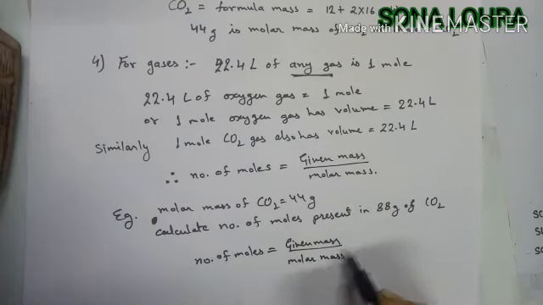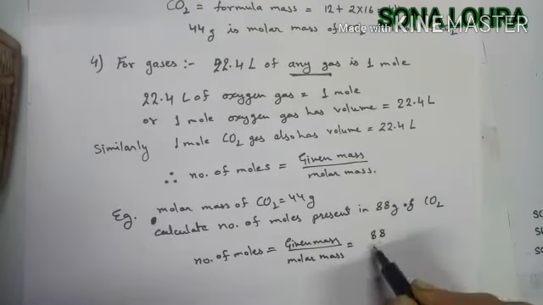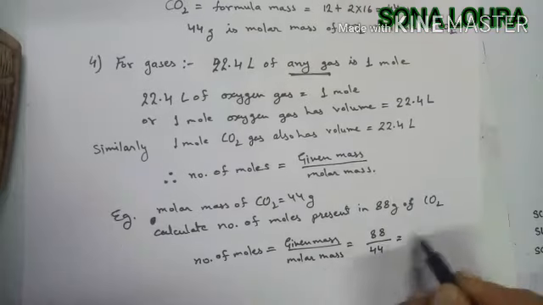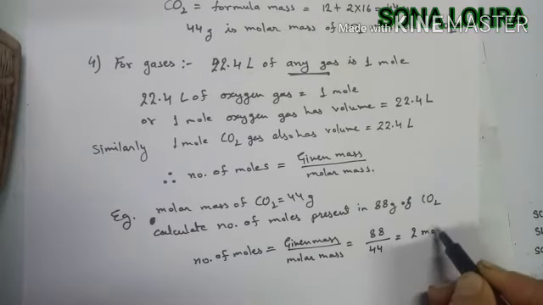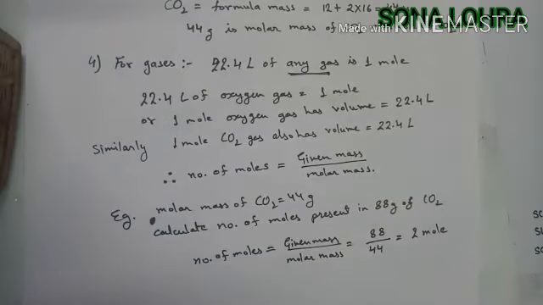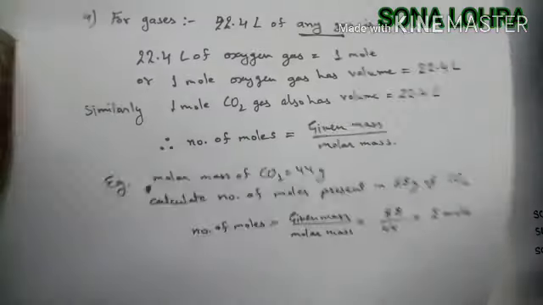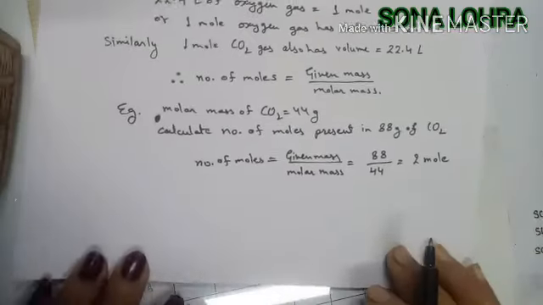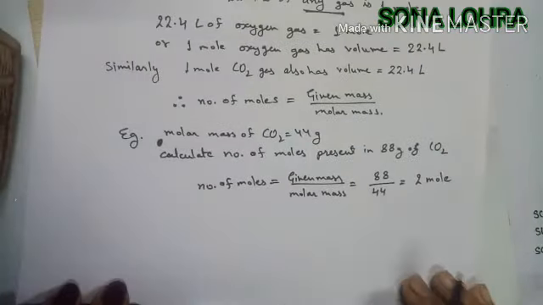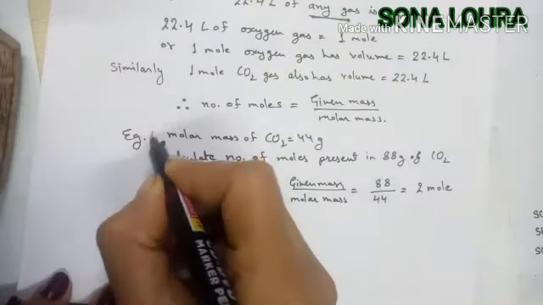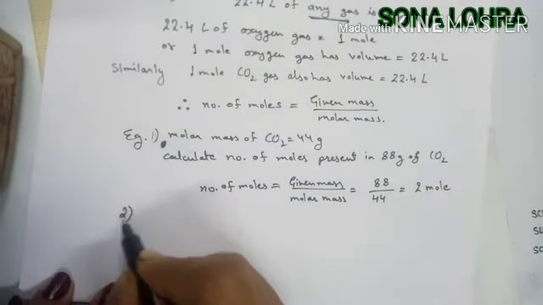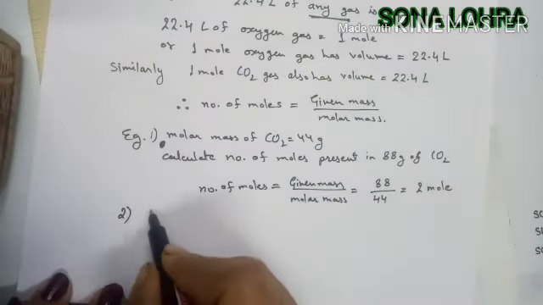So as per the formula, the number of moles present in 88 gram of CO2 is 88 divided by 44, which is equal to 2 moles. So we can say that 88 gram of CO2 consists of 2 moles.